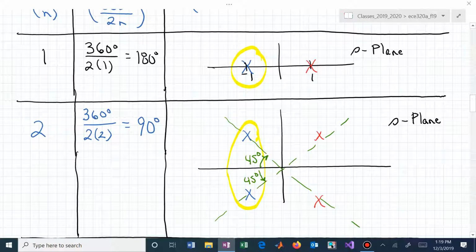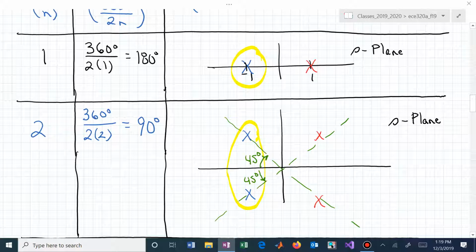We now know that we need to have 4 poles. We'll discard 2, but those 4 are separated by 90 degrees. How do we rotate those? Well, we rotate those in such a way that we have half of them in the right, half in the left, and they're symmetric relative to the origin. Which means, oh, and how far away from the origin are they?